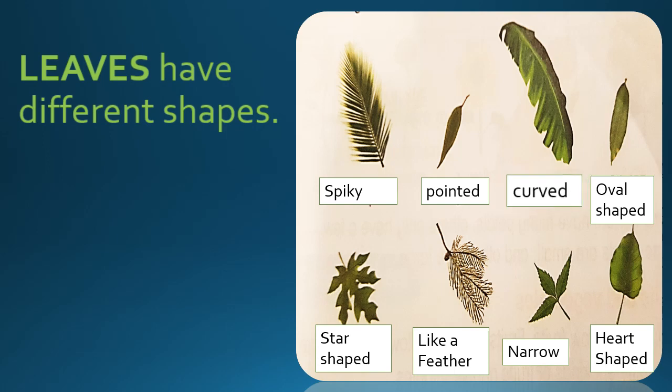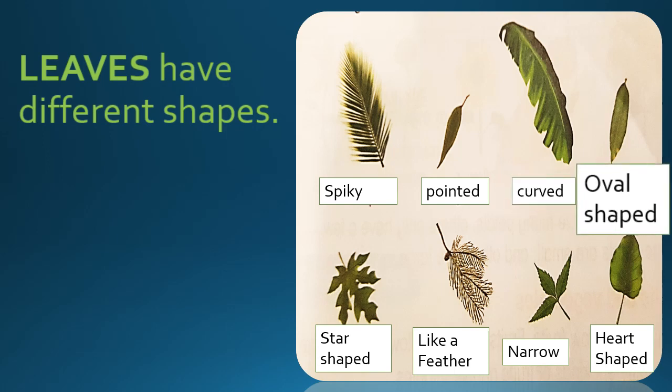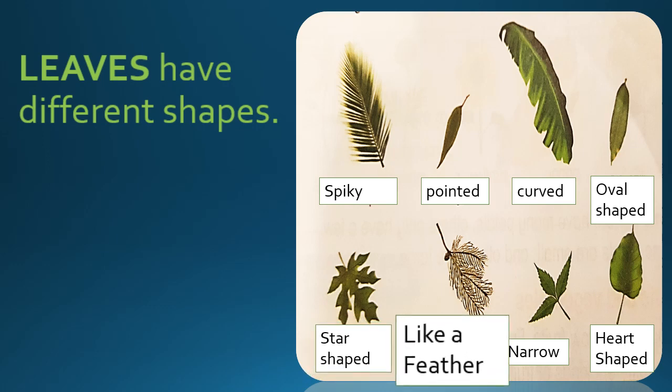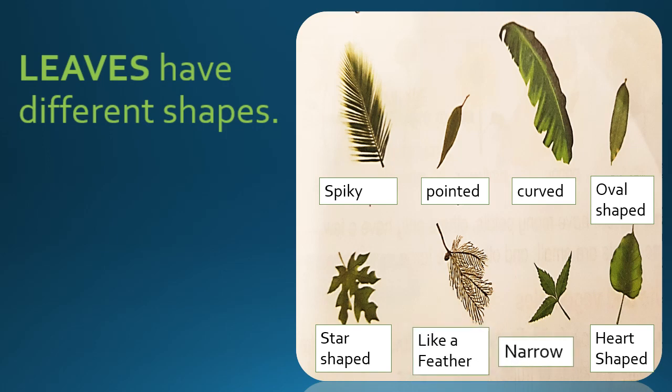Then the mango leaf is an oval shaped leaf. Then the papaya leaf is a star shaped leaf. Then pine is like a feather. Then we can see that the neem plant has narrow leaves and the peepal plant has a heart shaped leaf.